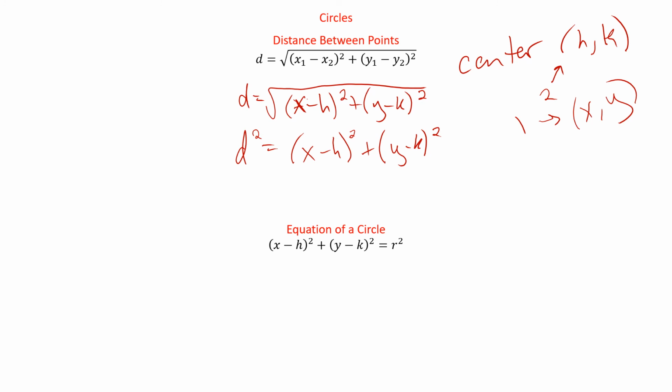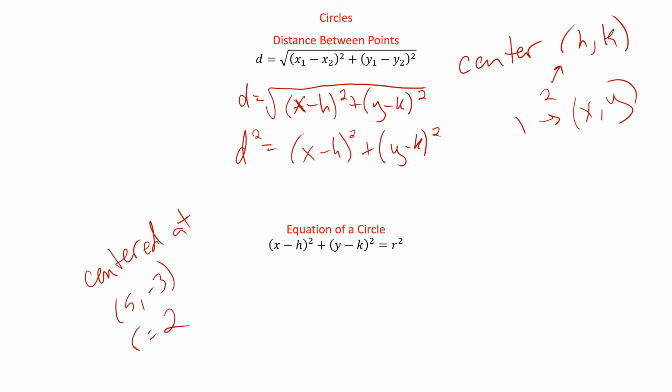So what are you going to be doing with this? You're not going to actually have to derive the equation for a circle, but it's going to tell you to find an equation of a circle centered at, let's go (5, negative 3), with a radius of 2. And we write the equation.